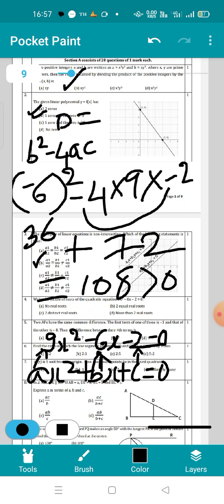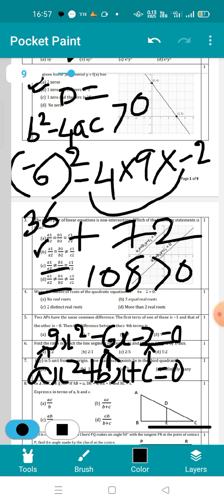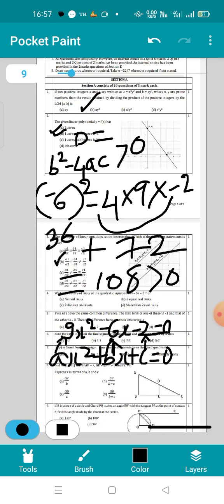So if the discriminant, that is b square minus 4ac, is greater than 0, then the roots will be real and distinct. For your information, if b square minus 4ac is equal to 0, the roots will be real and equal, and if b square minus 4ac is less than 0, then the roots will not be real, they will be imaginary.